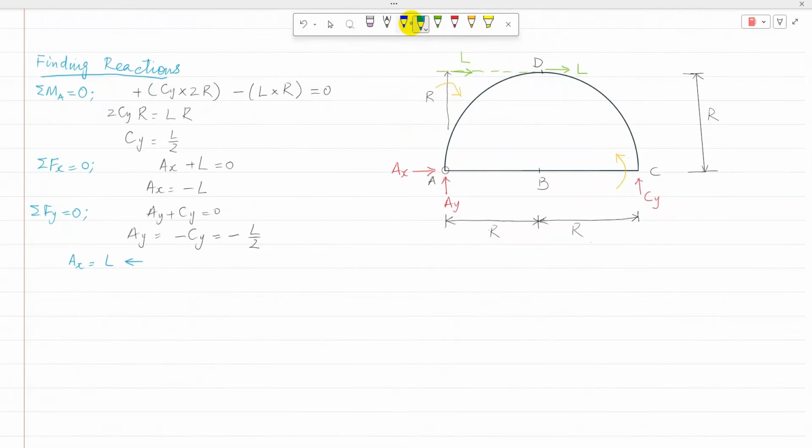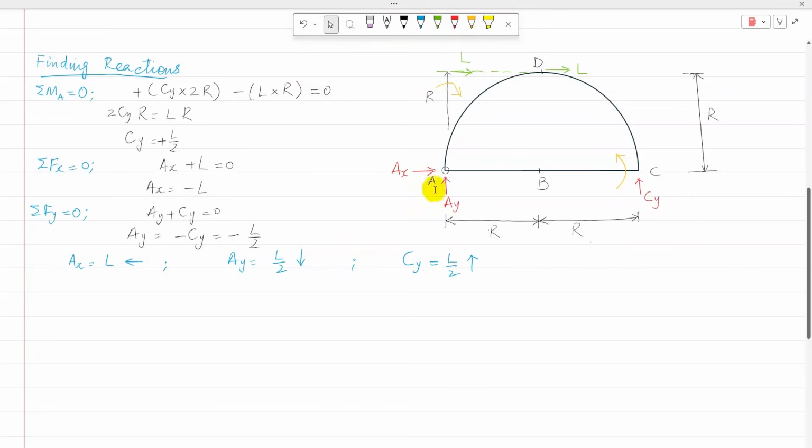So Ax is L towards the left. Ay is minus L over 2, so I had chosen its direction upward, but it must be downward. And Cy, I chose its direction upward, and it is positive, so the chosen direction is appropriate: L over 2 in the upward direction.